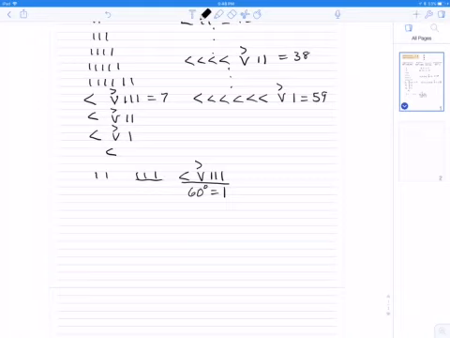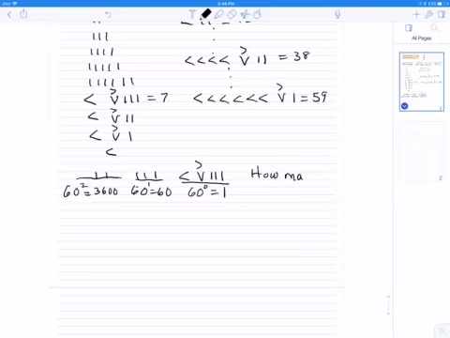The second position going right to left would be 60 to the first power, or 60. The third position going right to left would be 60 to the second power, or 3600. So the symbols are multipliers. They answer the question, how many? The positions answer the question, what?